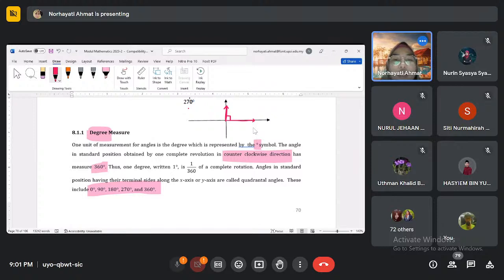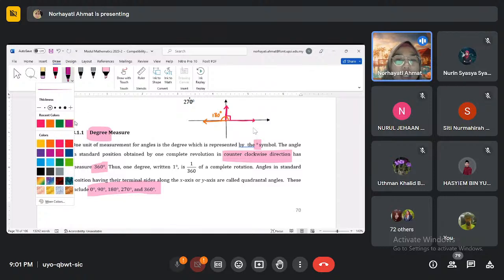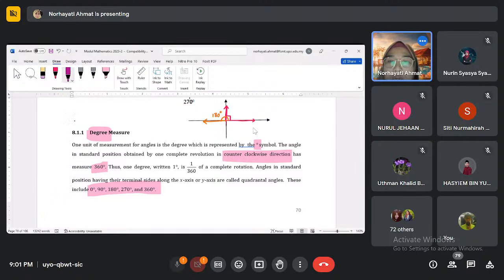180 degree is a ray that is parallel to the negative x-axis. Okay, yang ini, this one. Okay, so this is 180 degree. Okay, 270 degree is an angle formed by a ray that is parallel to the negative y axis.